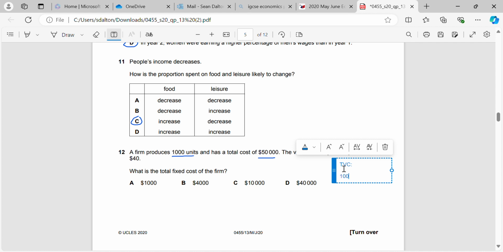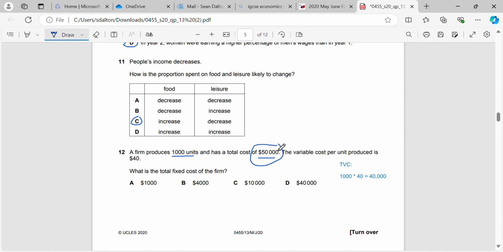So 1,000 multiplied by 40 will give us $40,000 as our total variable cost. Total cost is 50 minus our total variable gives us $10,000, which has to be our total fixed cost therefore.